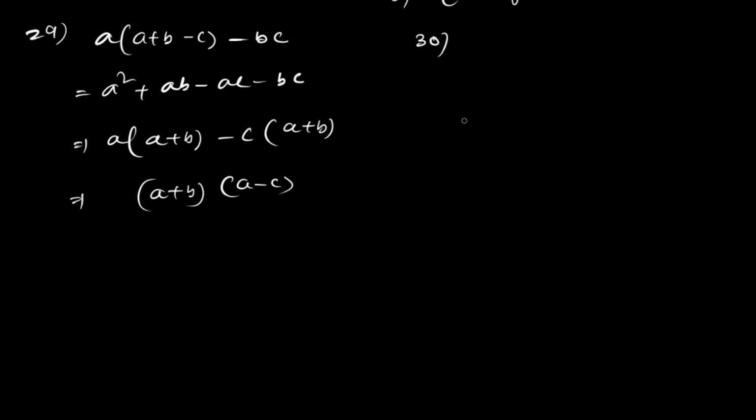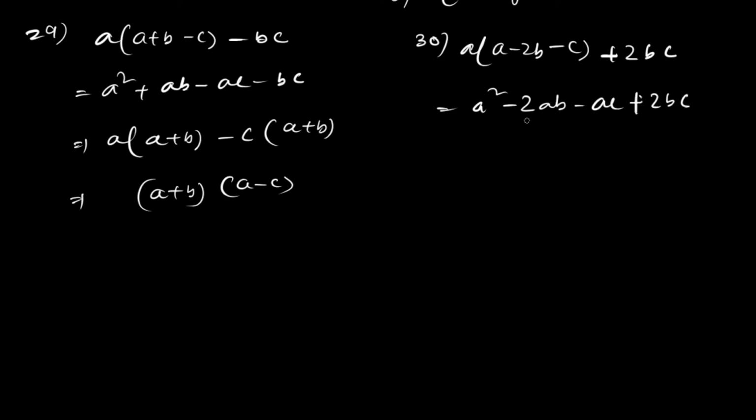The 30th question says a into a minus 2b minus c plus 2bc. So again we have to go for the multiplication. A square minus 2ab minus ac plus 2bc. So this 2ab and 2bc should be kept together. So a square minus ac plus bc.